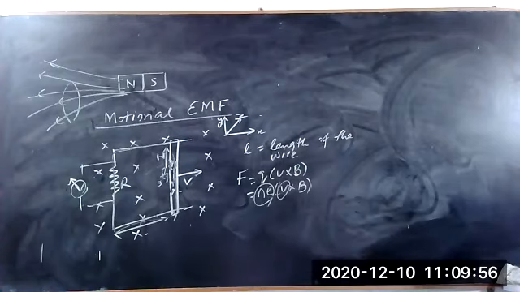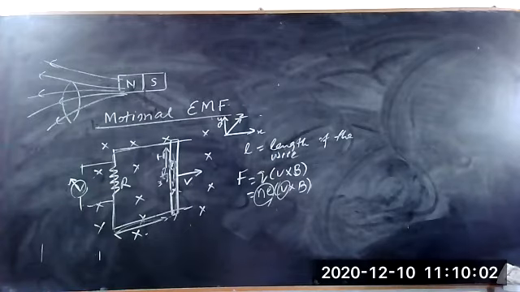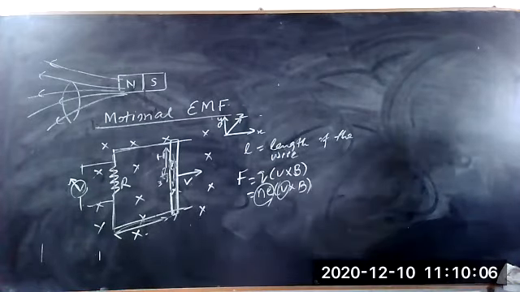Now the motional EMF is given by the rate of change of magnetic flux passing through it.